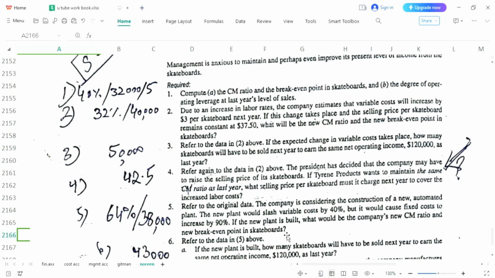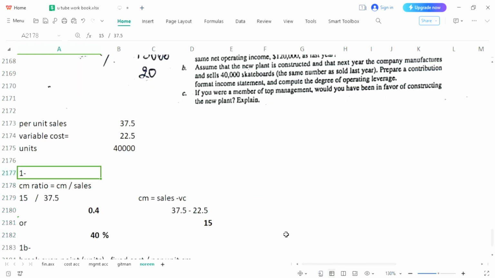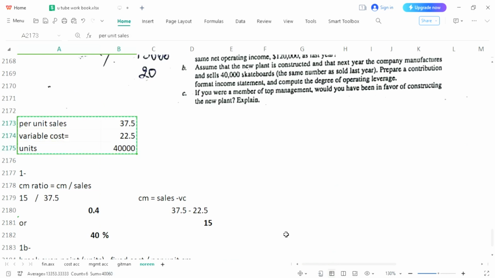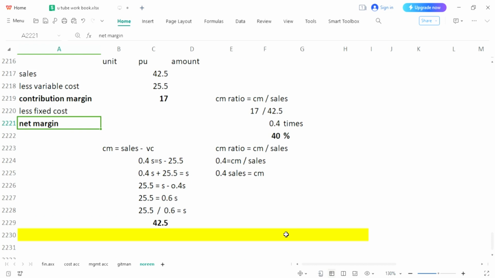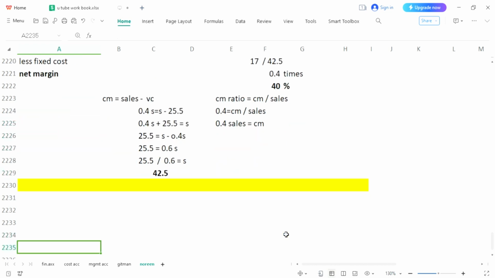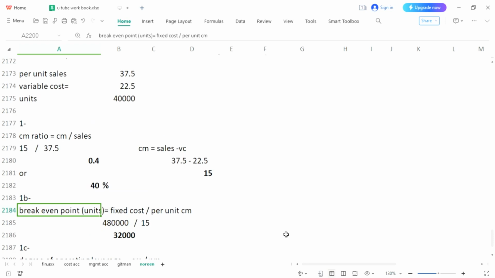Okay, so we will be referring again to these original inputs and we'll go to the fifth point. Here we will be putting all those inputs. Let's carry them again.